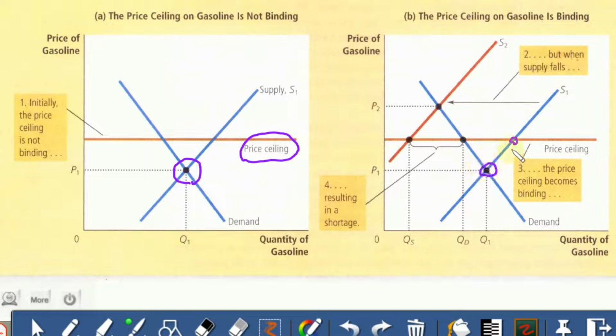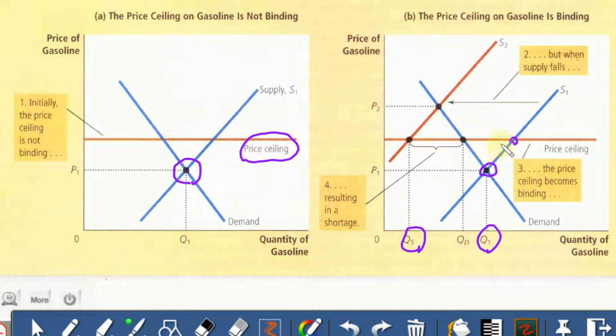As the supplier OPEC reduced production, the supply curve will move to the left because of the reduction.